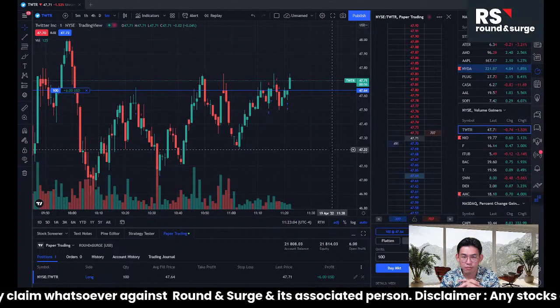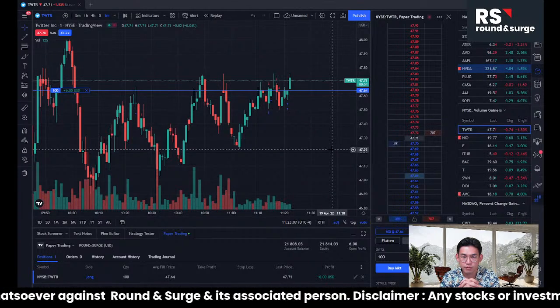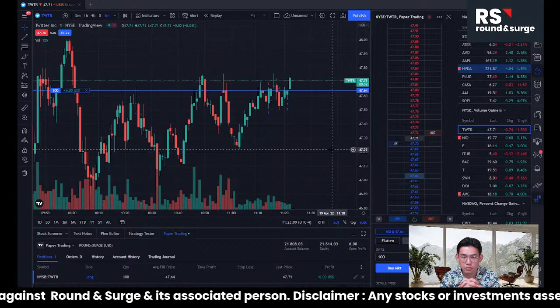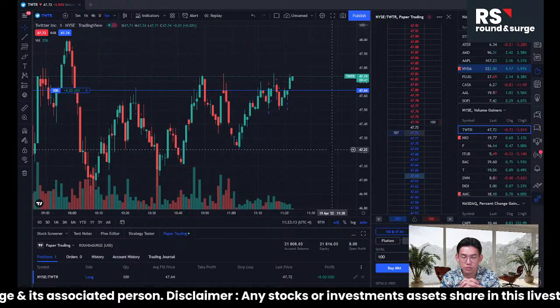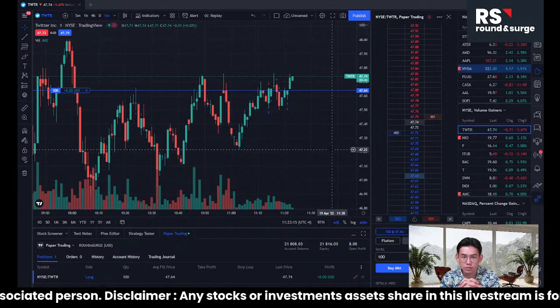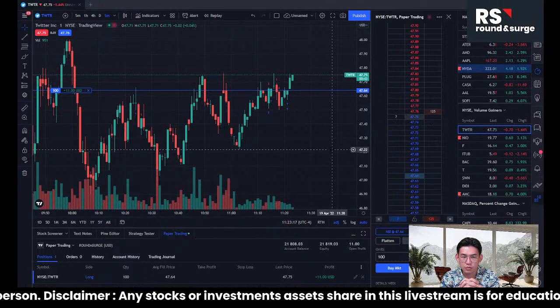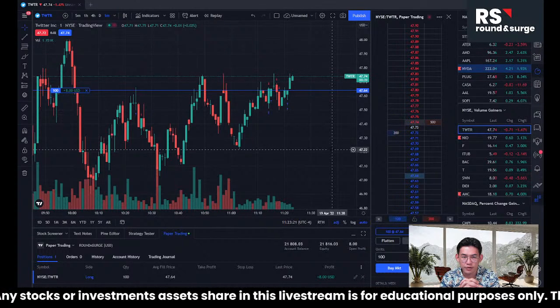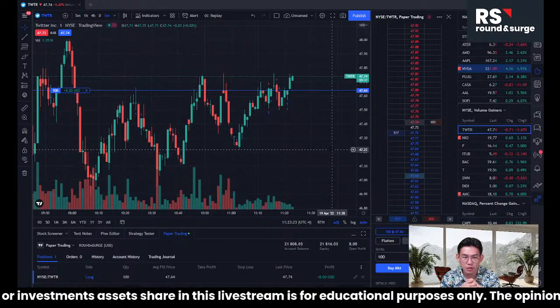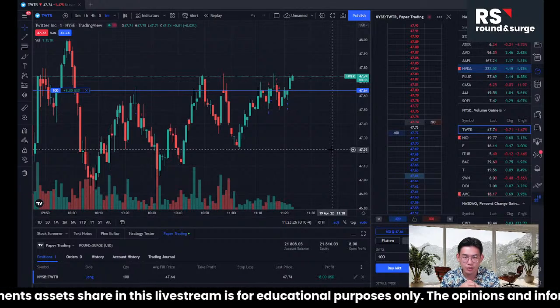Price opens gap down. I'm looking at whenever they open gap down, whether the price will have a retrace or not.